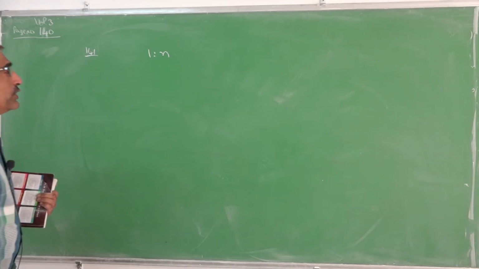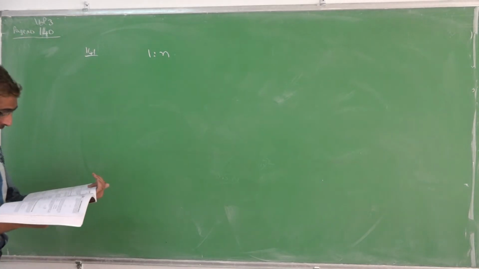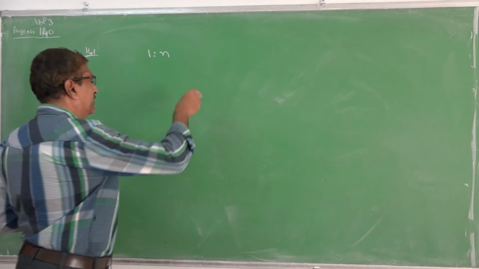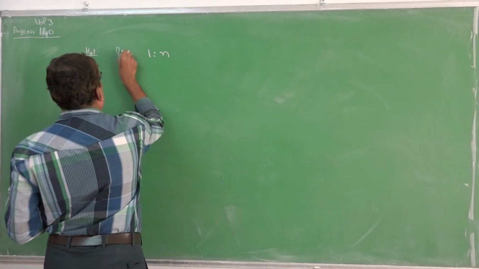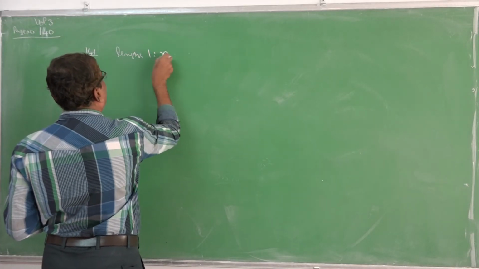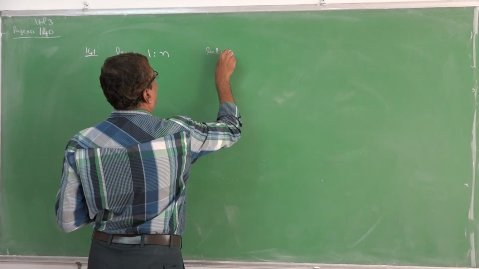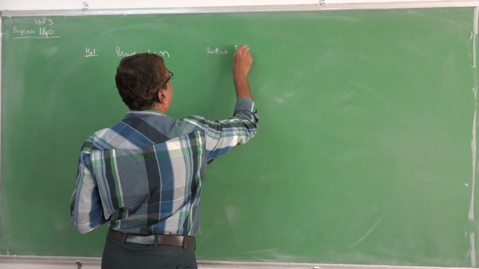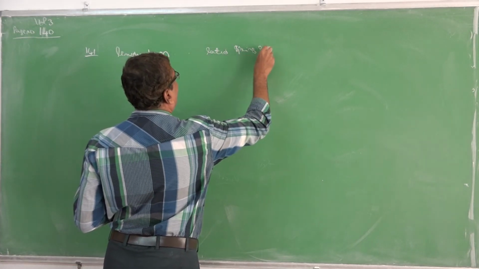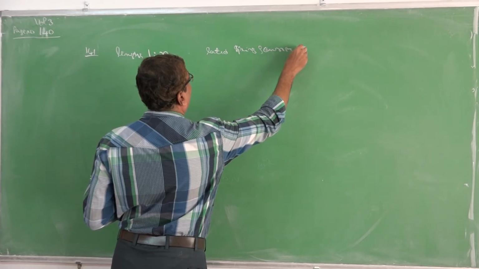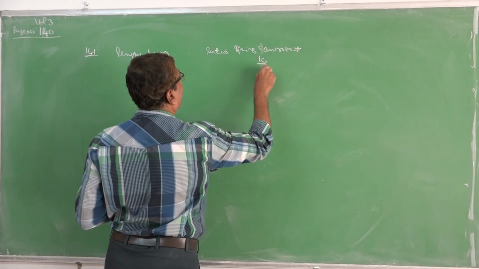Then the ratio of the spring constants, K1 by K2, we have to calculate.